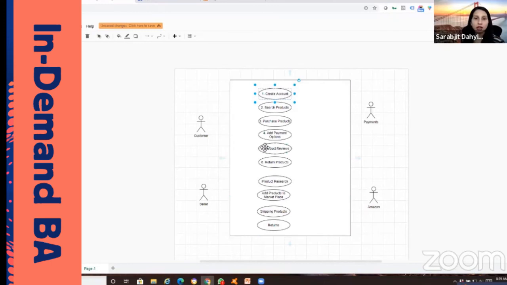So not only are you identifying the major pillars of functionality, you can take this diagram to your stakeholders, your business partners, your product owner, and say, hey, Mr. Product Owner, if you're in the agile environment, do I have this correct? Or what am I missing?